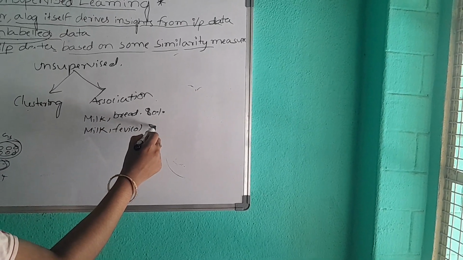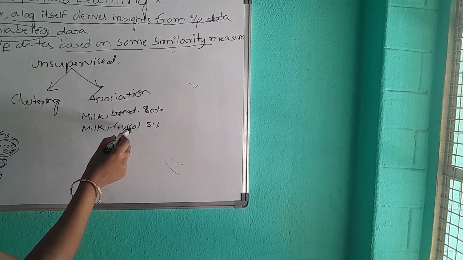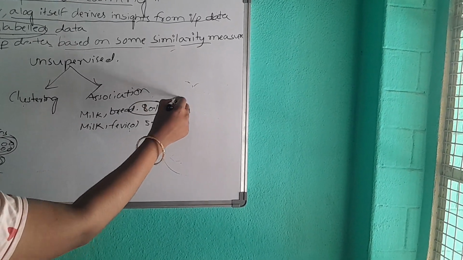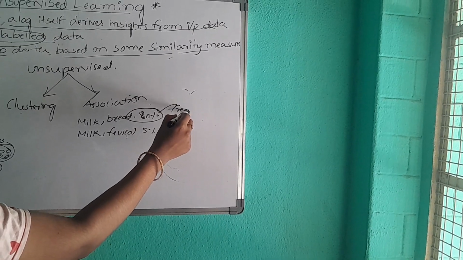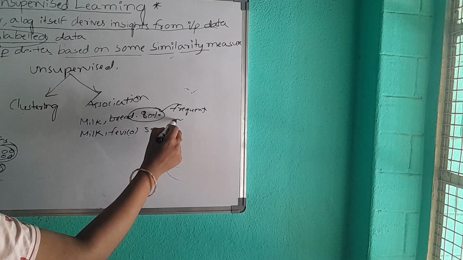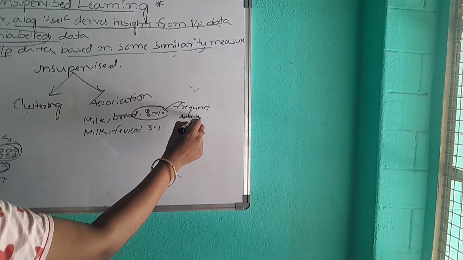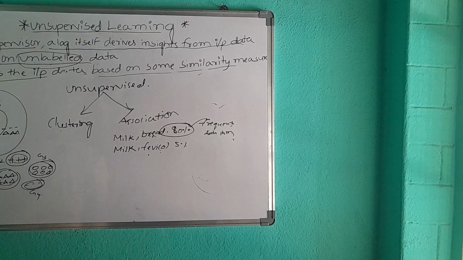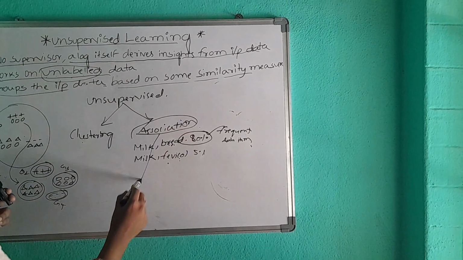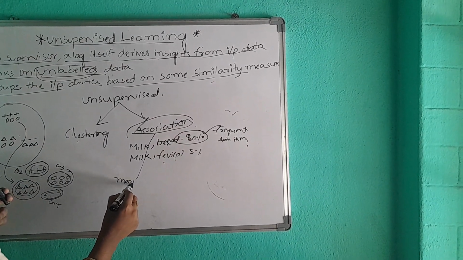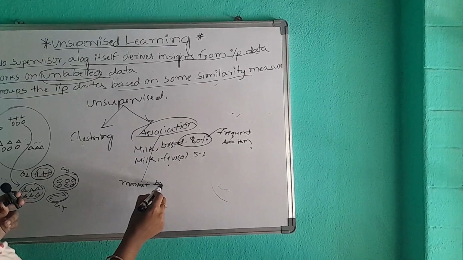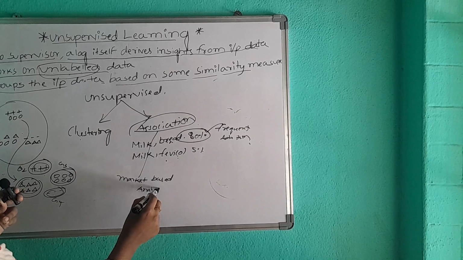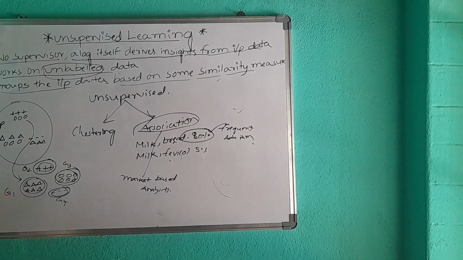Only 5% of the people bought Fevicol along with milk. So we consider these as a frequent data item set and use it for analysis. We neglect this. So association is based on market basket analysis, that is, what items are frequently bought together.